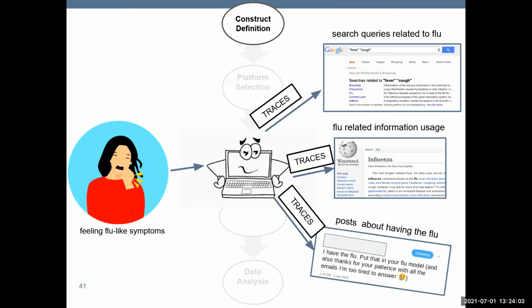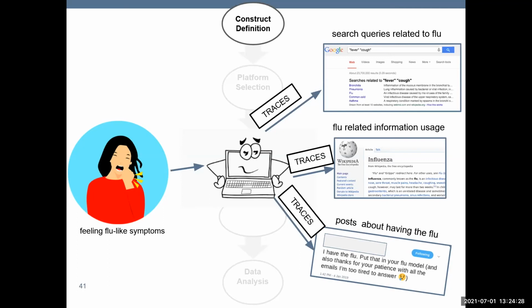So a person can search for queries related to the flu on search engines such as Google or Bing. They can search or read up in much more detail about flu on online encyclopedias such as Wikipedia. Or they might go to social media to talk about the fact that they have the flu or issues related to that.